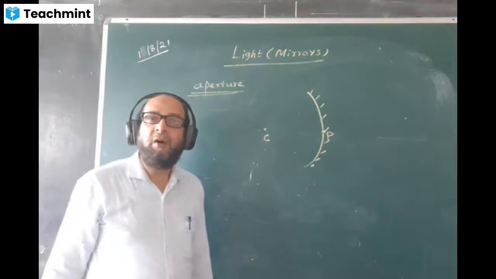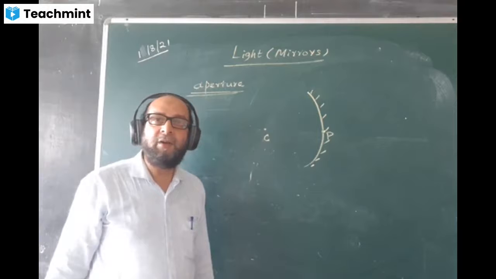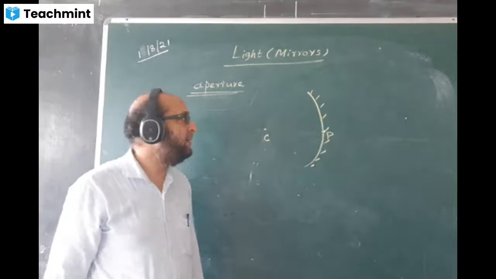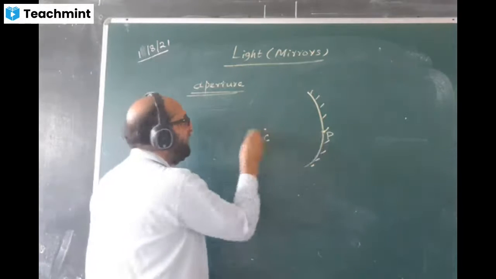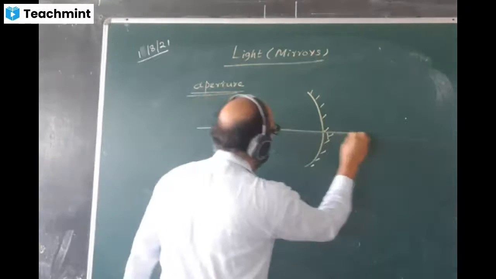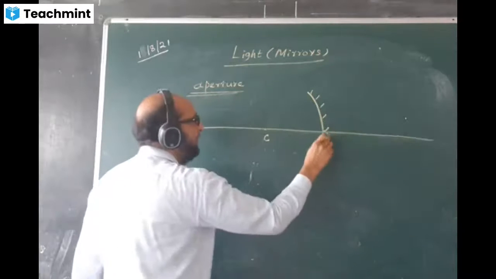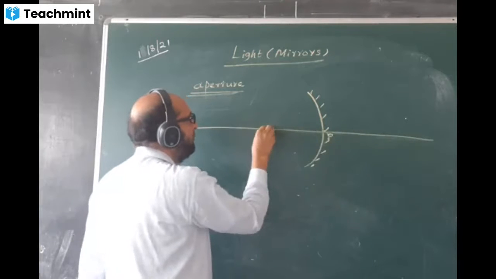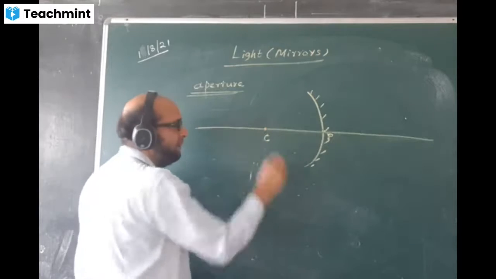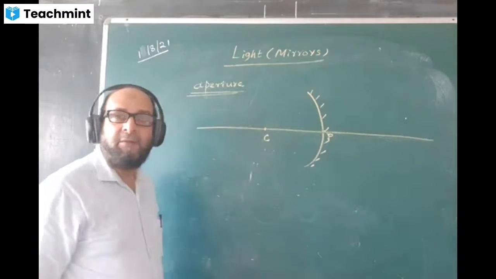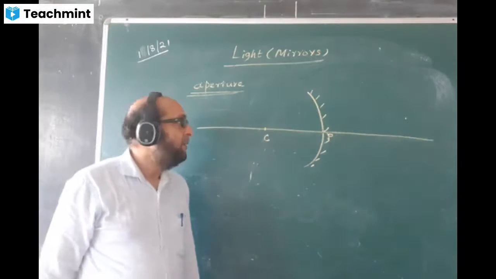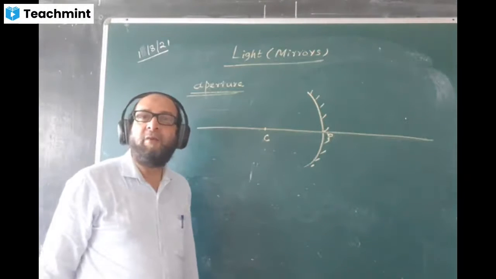I need to draw the principal axis. How will I draw it? Join P and C, the line PC passing through pole and center of curvature. Where should I mark focus?